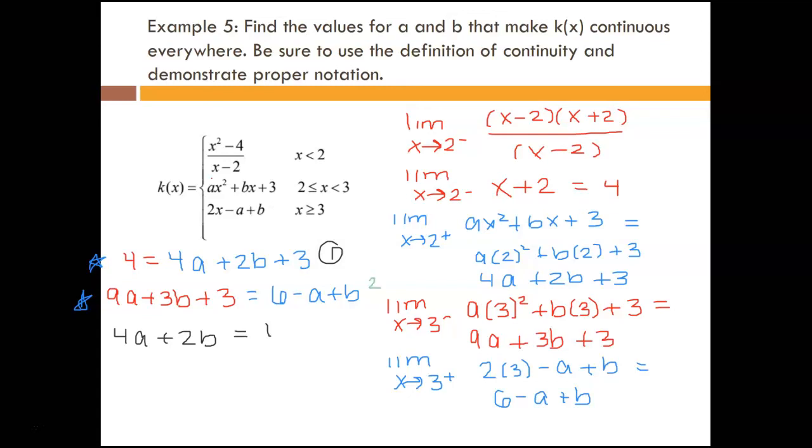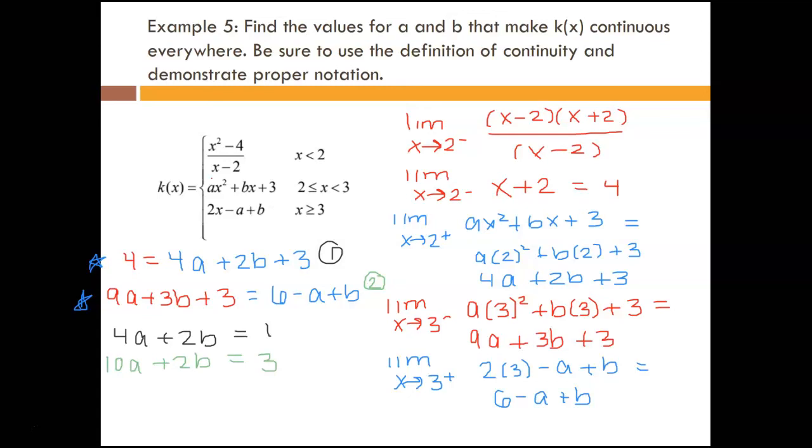For the second equation, we'd add a, so we get 10a, because 9 plus 1 is 10. Subtract b, so you get 2b. And then subtract the 3 to be with the 6, and you get 3. So I have 4a plus 2b equals 1, and 10a plus 2b equals 3.